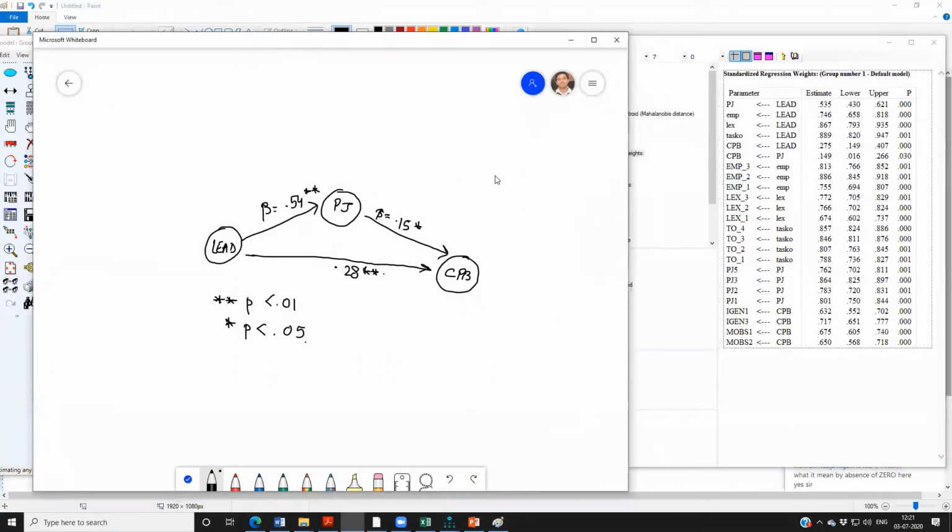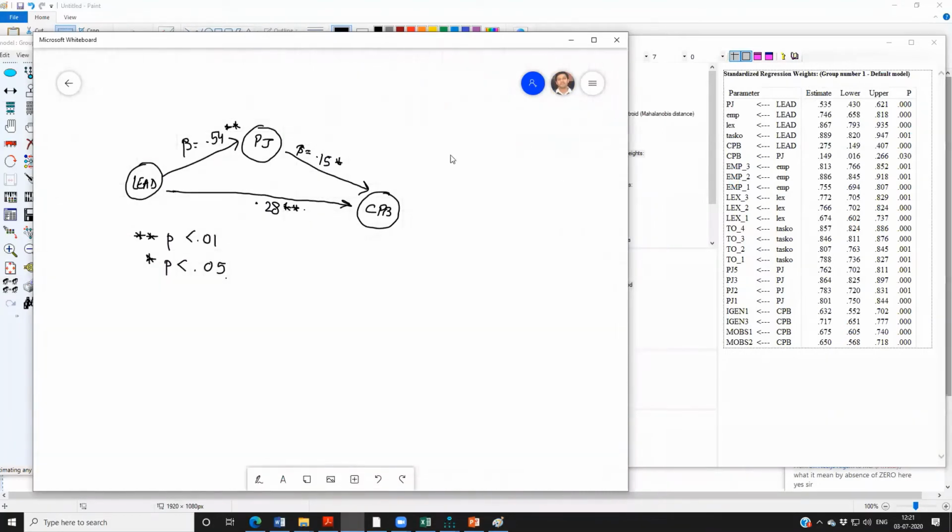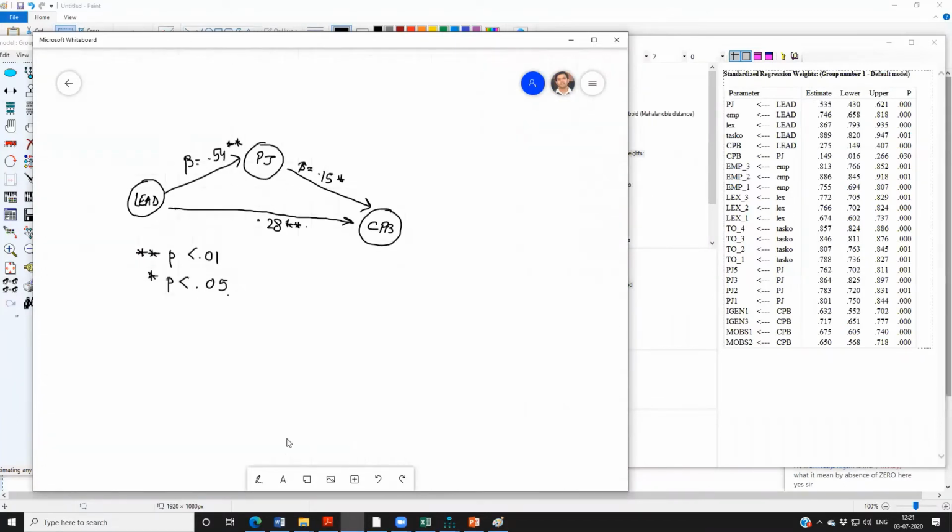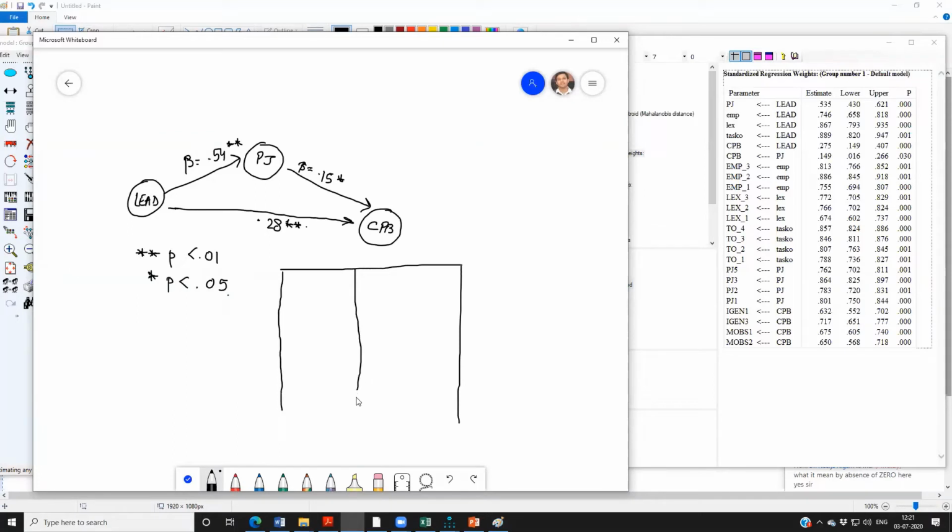So you will make a table in your papers similar to this. When I'm going to report, I will say this is my path, this is my data.